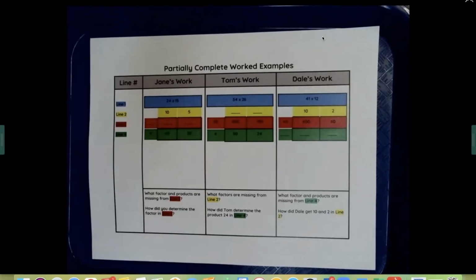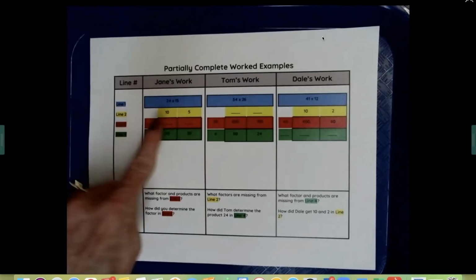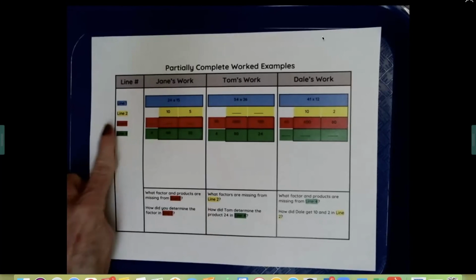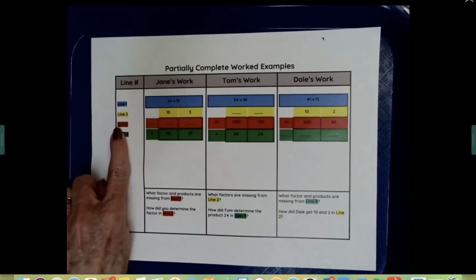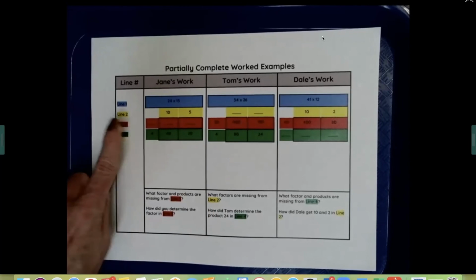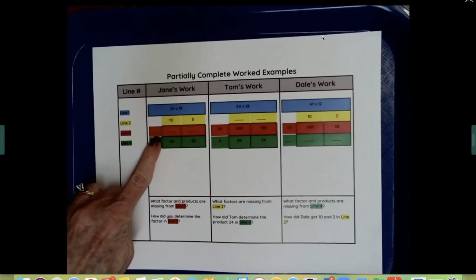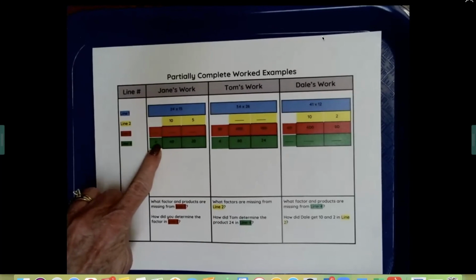And of course, this is multiplying, and it's thinking about using that area model with the kids. And where if we expanded 15, as in 10 and 5, and then on line 3, we needed to expand 24, and you can see what's missing in Jane's work is we need a 20 up here for 20 and 4.